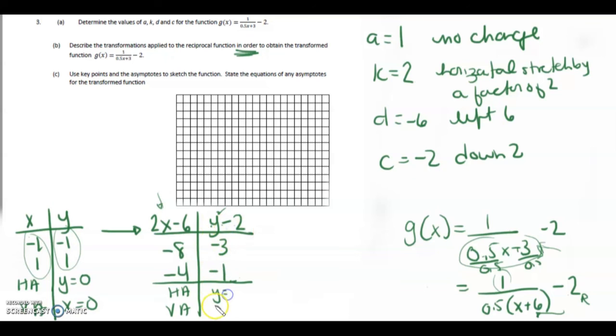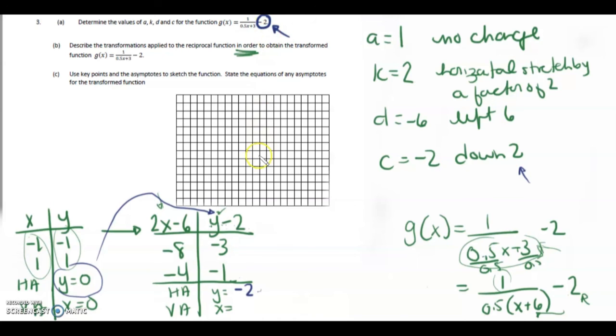So here's the thing. For the vertical and horizontal asymptotes, we can technically take y is 0, and sub it in here. 0 minus 2, our new asymptote is -2. Or we can just say it's down 2. Our asymptote here is exactly what we're going to have in this position.